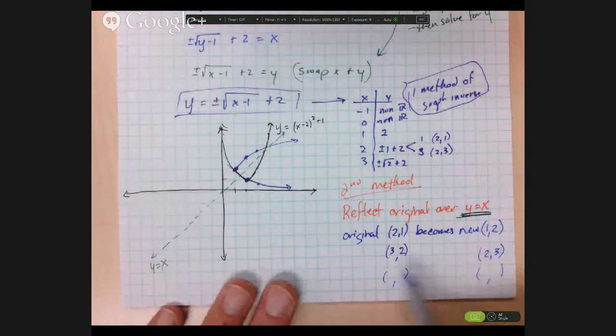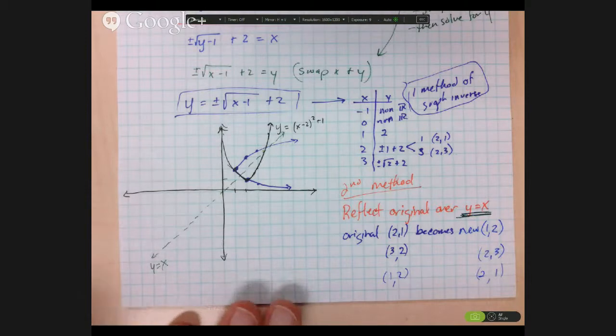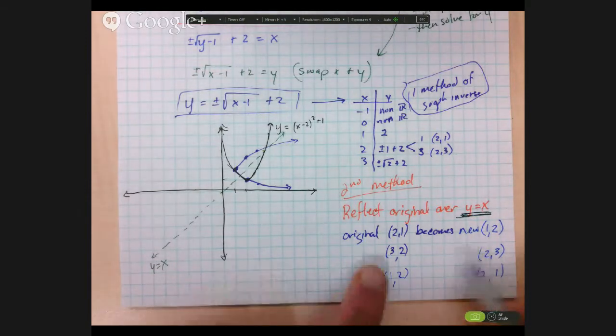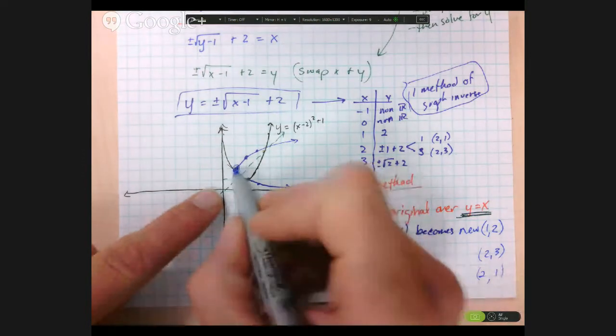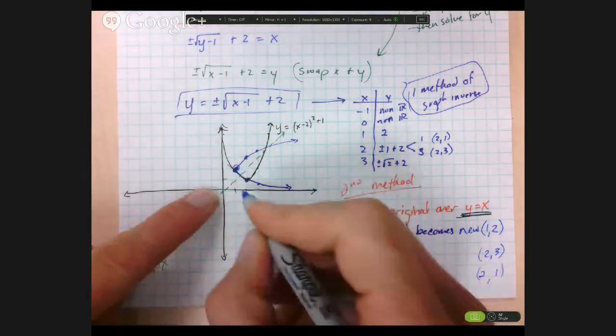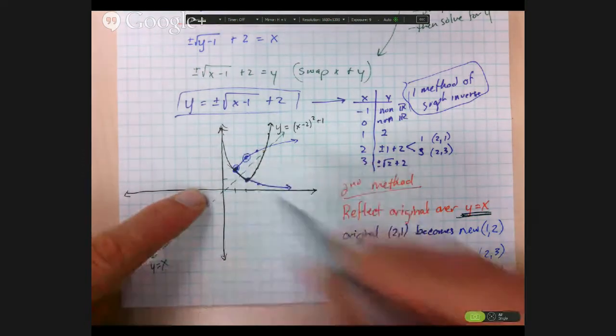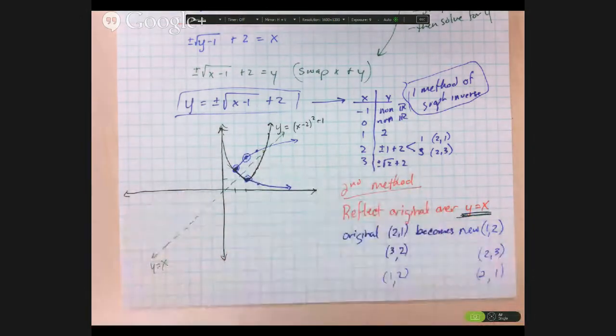Be careful here now. It becomes 2, 1. So I'm going to put this one in blue. You picked original points, now you just swapped them, x and y. So I have 1, 2, 2, 3, and 2, 1. See how those are lining up? Awesome.